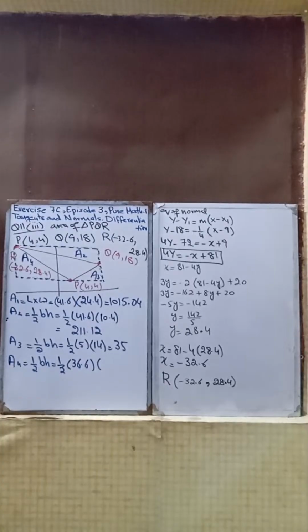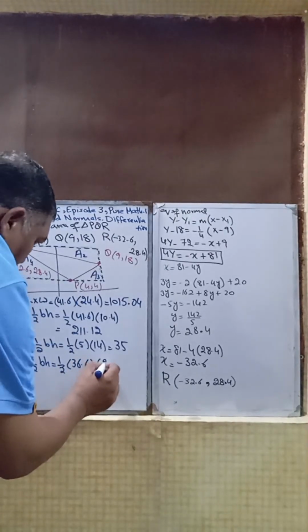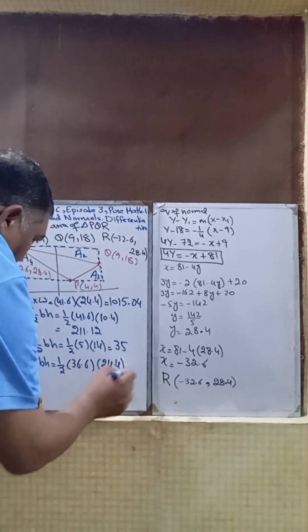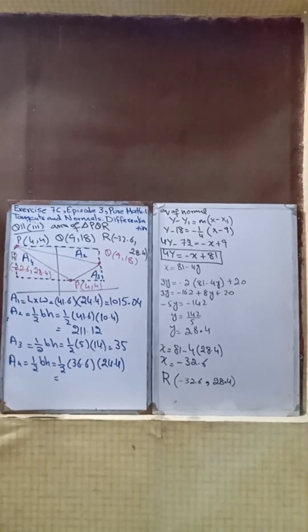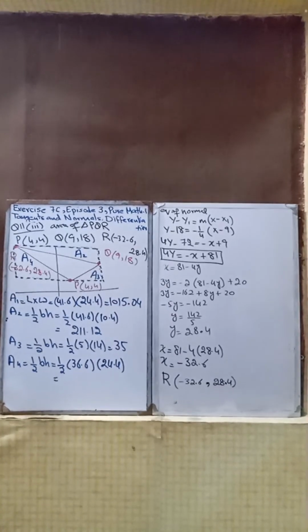So it's 24.4. So the area of this thing, let me do the calculation. It's 1 divided by 2 multiply 36.6 multiply 24.4 equals, and that's 446.52.